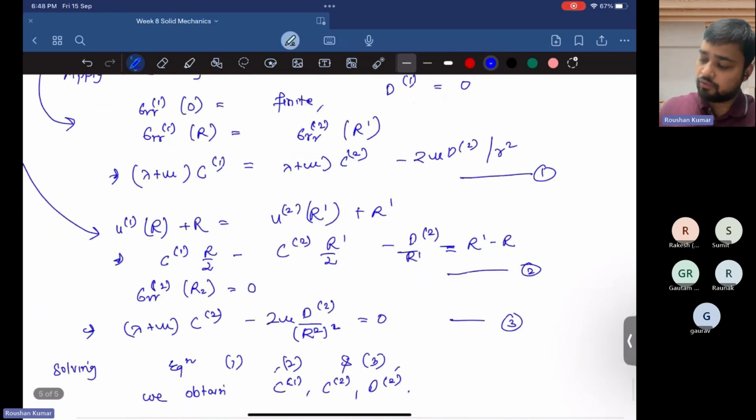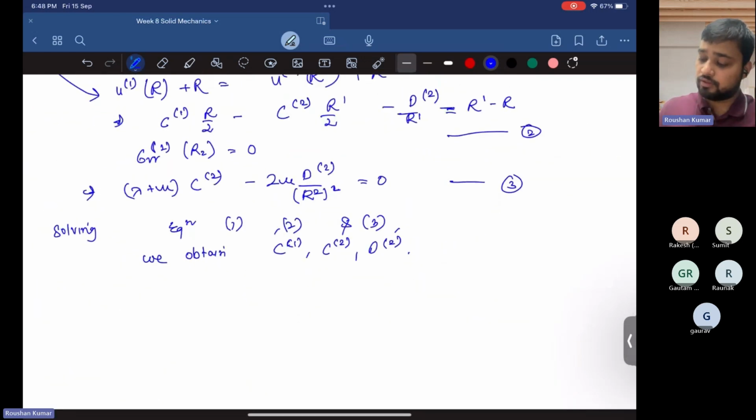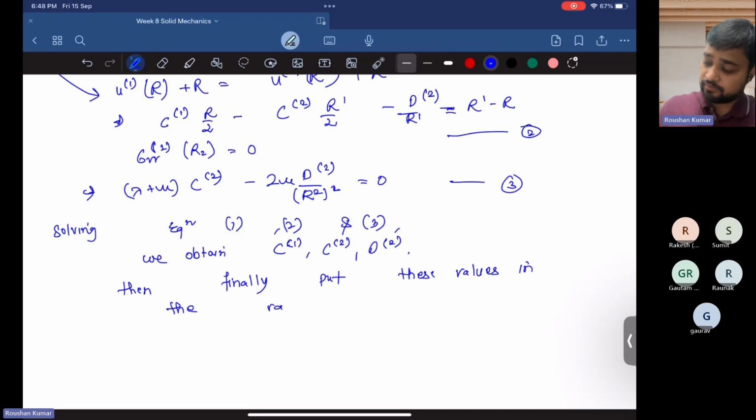And if we know the values of C1, C2 and D2, then finally we put these values in the radial stress expression.